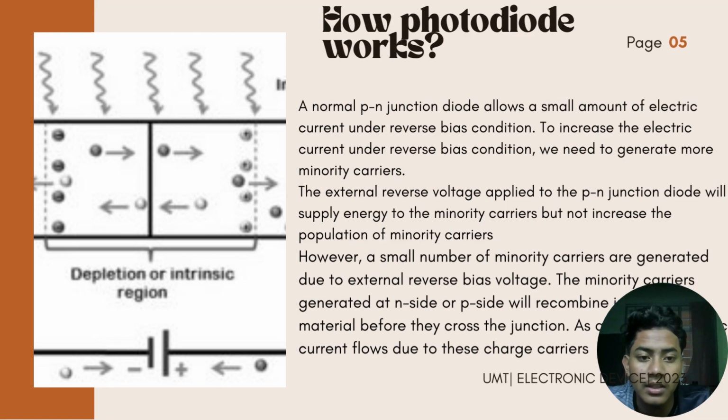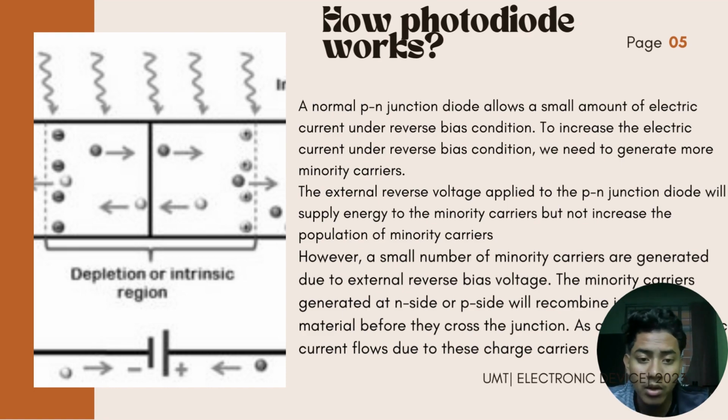A normal P-N junction diode allows a small amount of electric current under reverse bias condition. To increase the electric current under reverse bias condition, we need to generate more minority carriers. The external reverse voltage applied to the P-N junction diode will supply energy to the minority carriers but not increase the population of minority carriers.